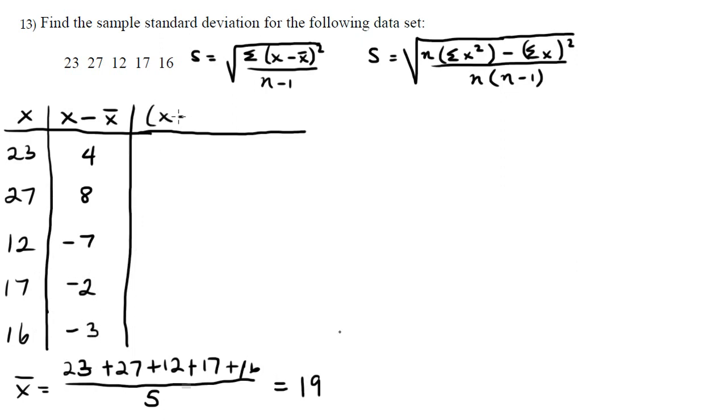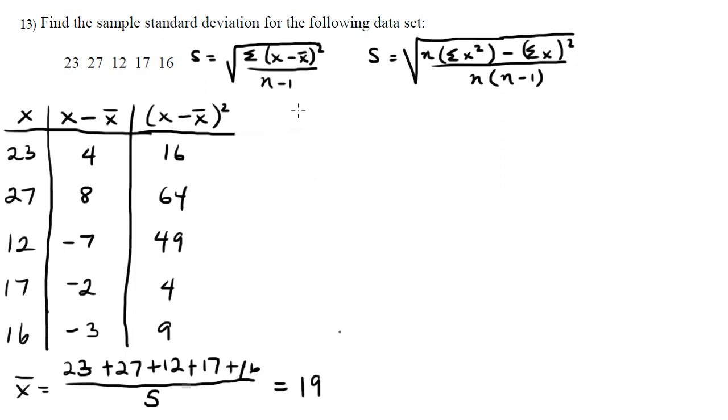Now let's square that. I'm just following the formula. It says find x minus x bar, square those, add them all up. 4 squared is 16, 8 squared is 64, negative 7 squared is 49, negative 2 squared is 4, negative 3 squared is 9. Okay, those are all the components I need to do calculations for over here.